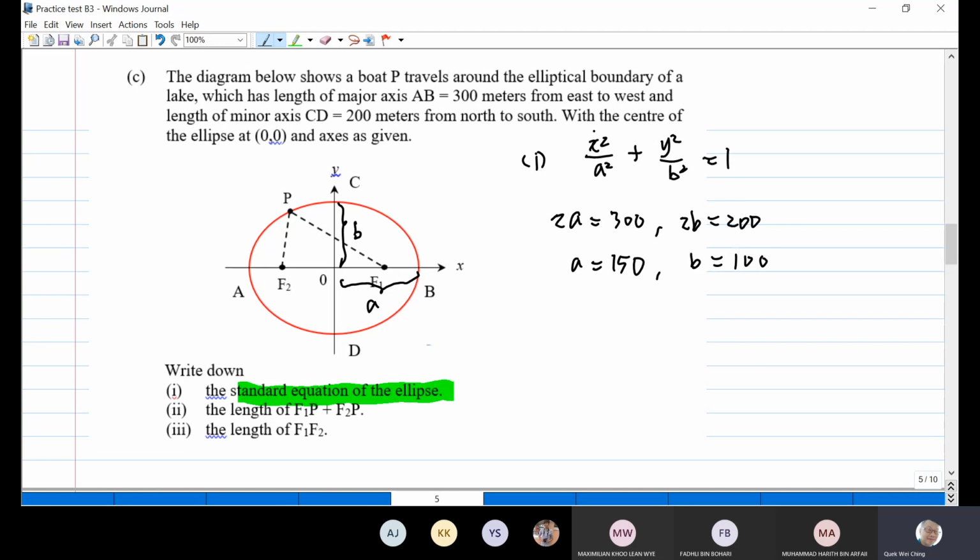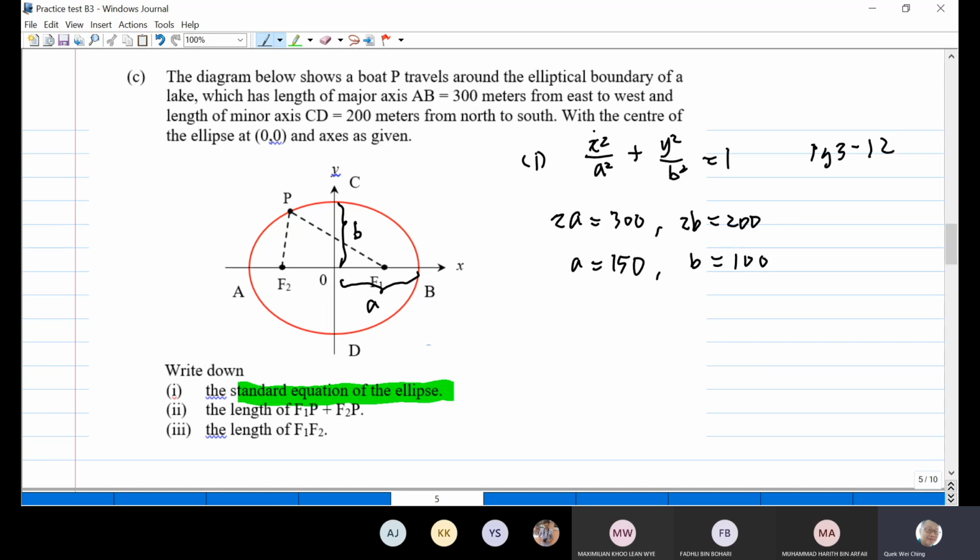The minor axis here, you have to look at the formula. If you look at the notes, it's page 312.